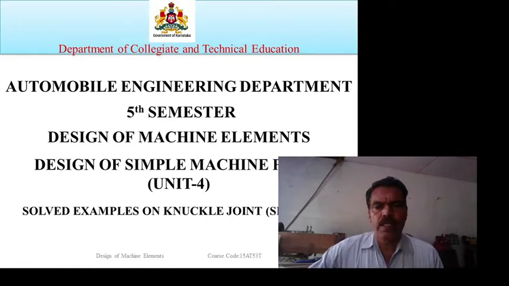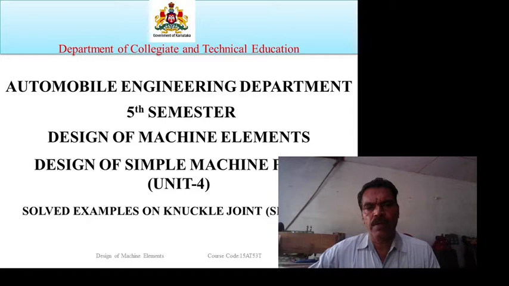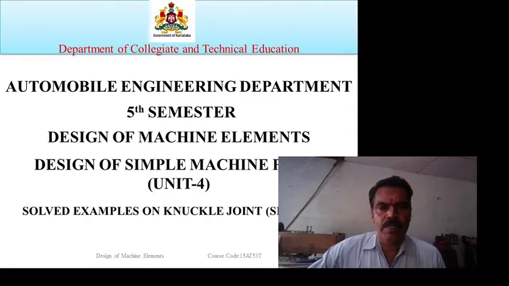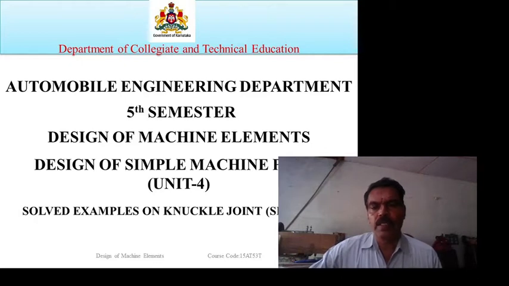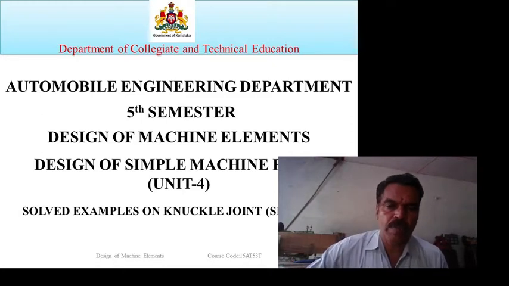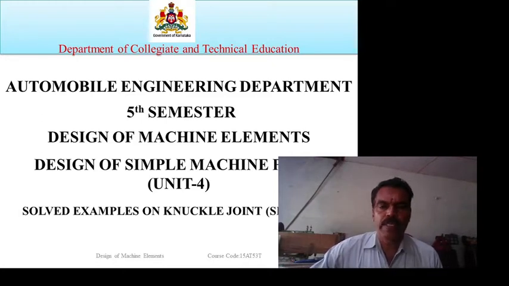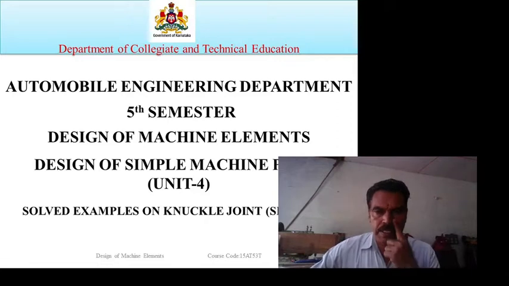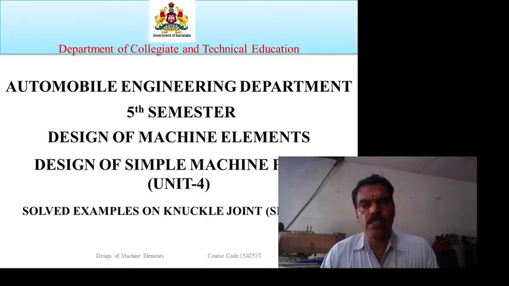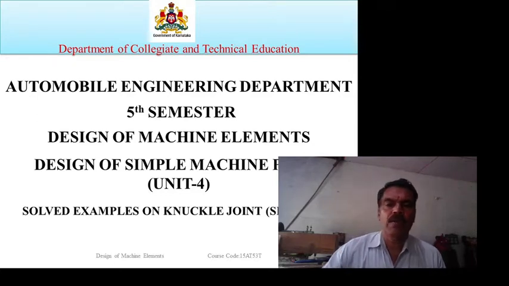In the last session I covered the design of the knuckle joint. I already explained the different parameters, the introduction, and the detailed design procedure of the knuckle joint. Everything was explained in the last topic.